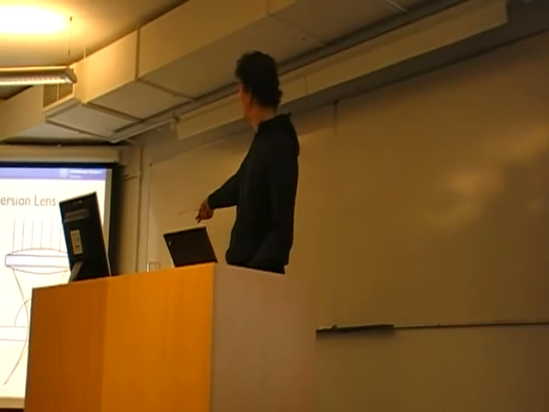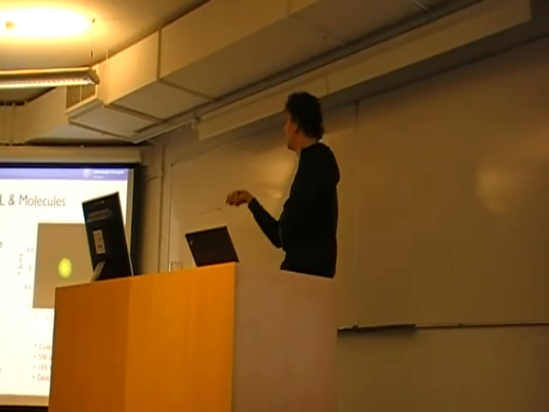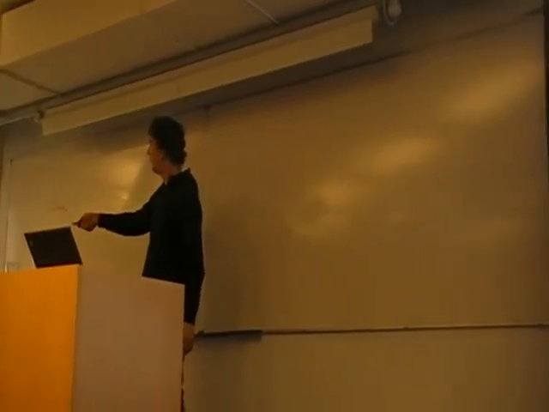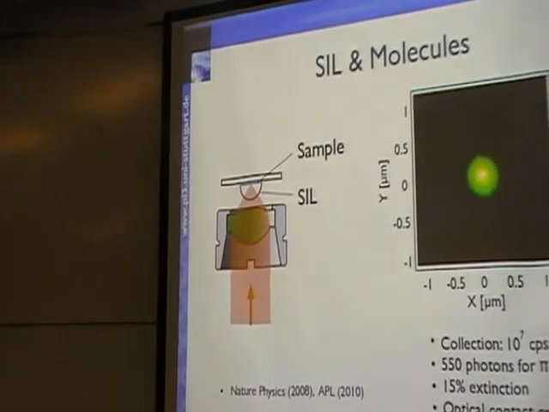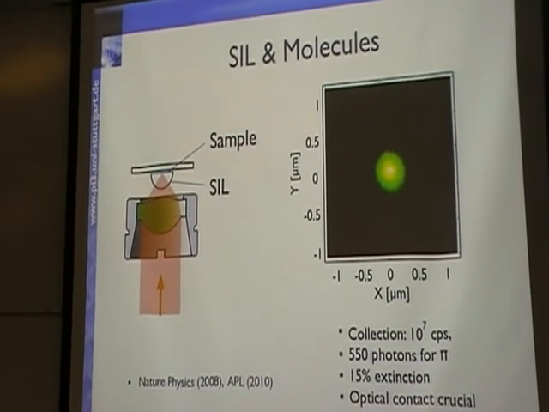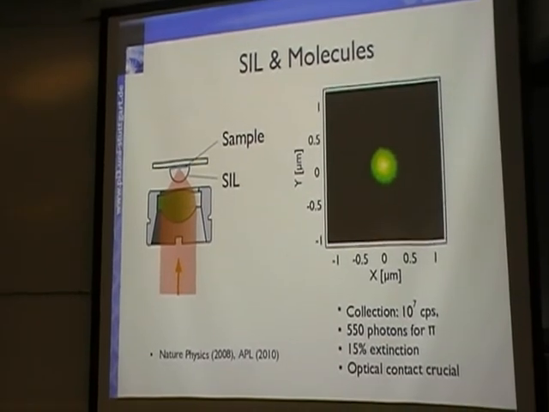So we had some experiments with molecules, where we have such a structure with a molecule down here. And you see this is the overall experimental setup. In principle we focus the light through such a solid immersion lens onto the sample, so there's a little quantum emitter down here in the focus. And we collect about 10 to the 7 clicks per second.